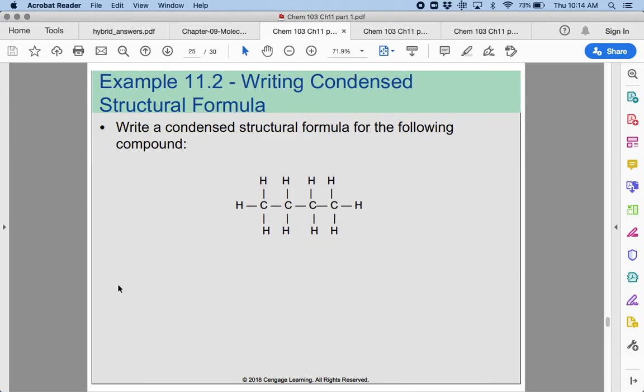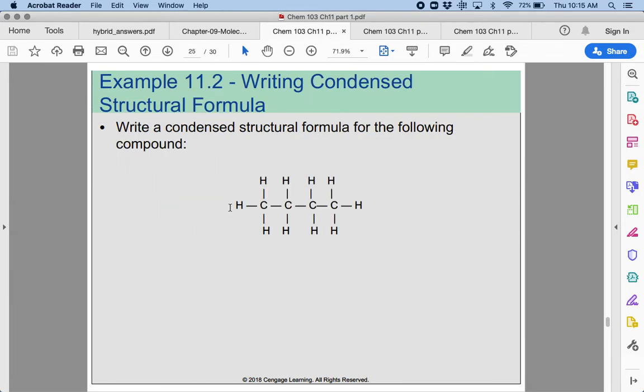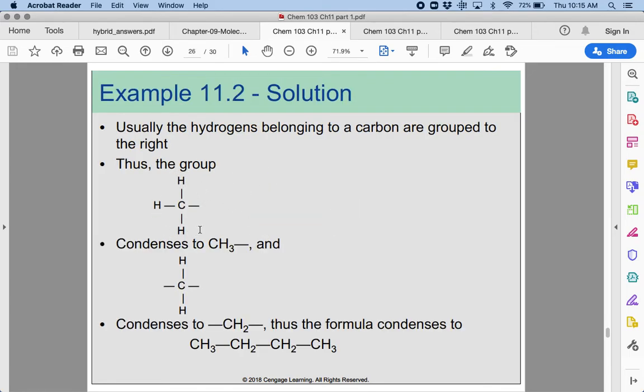So pause the video here and take a moment to go through and identify and write this in its condensed formula. We know that we're going to typically have these kind of terminal groups on a compound, like we see here. This is a terminal group, it's at the end. We're going to see these a lot.